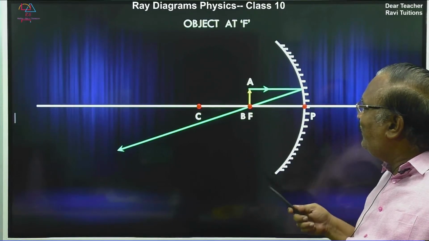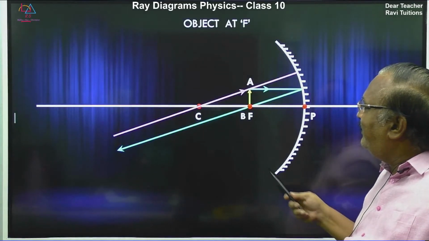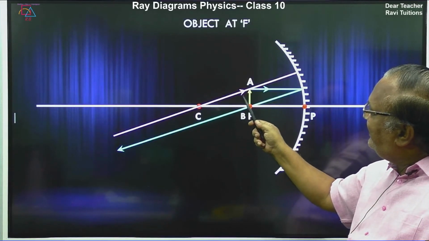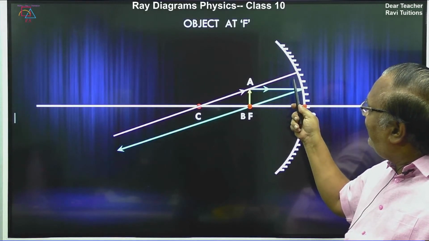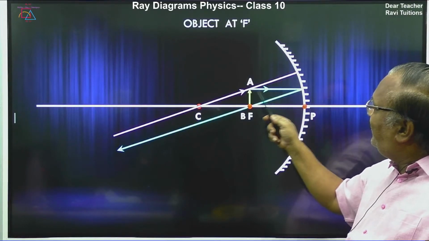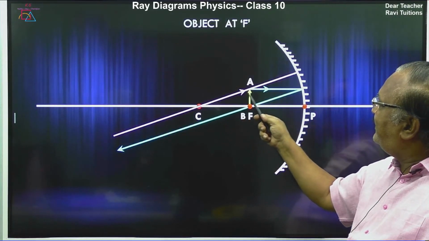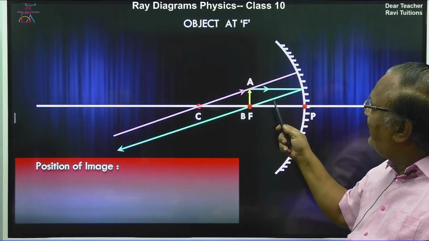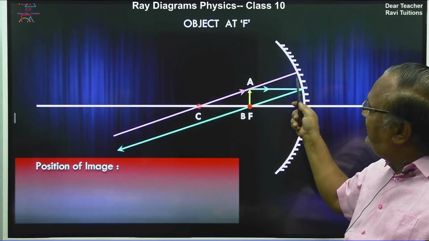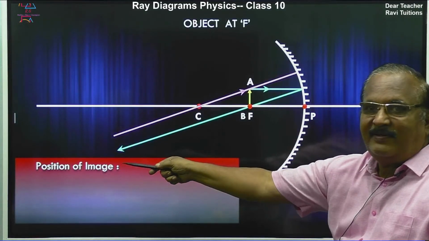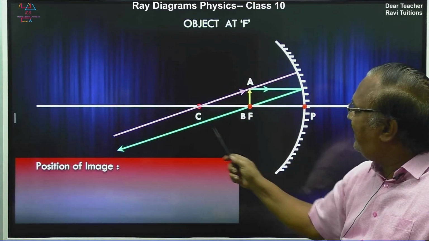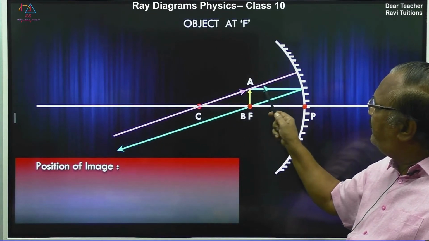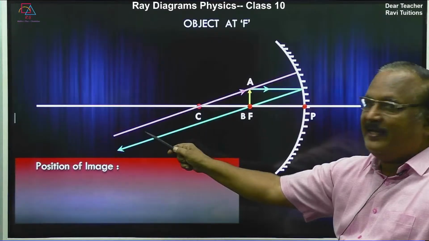Let us have a ray like this through C. Because it is the center of curvature, it goes back in the same direction. These two lines will not meet, because any ray passing through the center of curvature goes back in the same direction.